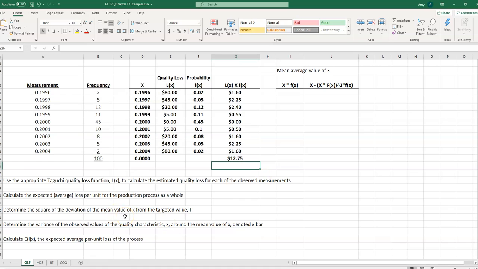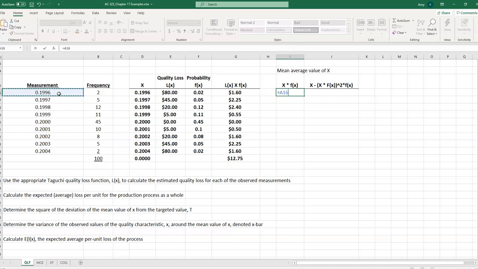Next, we're going to determine the square of the deviation of the mean value of X from the targeted value. Before we can look at the square of the deviation, first we have to calculate the mean, or average value, of X. When we calculate the mean of X, this is our measurement times the probability of the frequency happening.